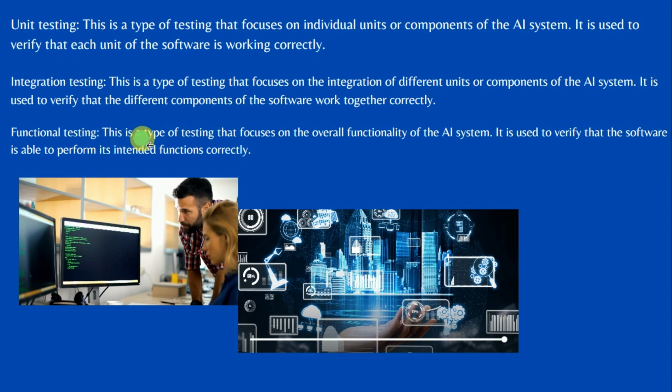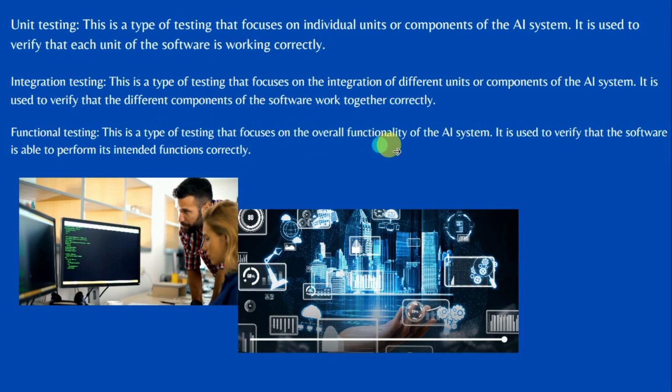Then the functional testing. This is the type of the testing that focuses on the overall functionality of the AI system. So if you have developed the AI system just to reply to the queries, whatever human is asking, then your AI system should work as per the requirements.